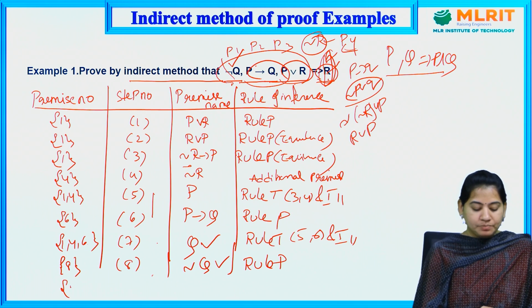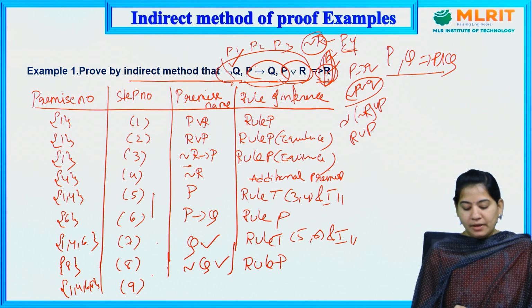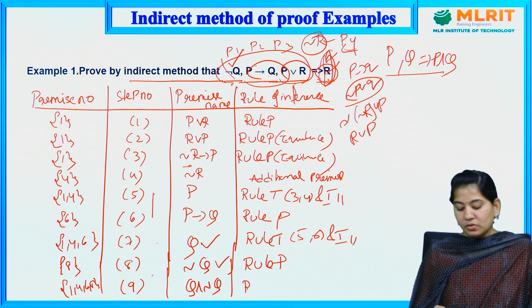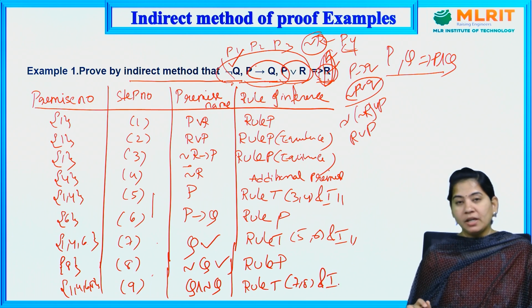So 1, 4, 6, 8, step number is 9, and here Q and negation Q. This is called rule T, step numbers 7 comma 8 I have used, and it is the I9 form, I9 implication form.